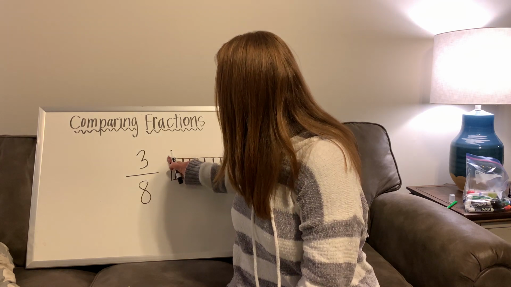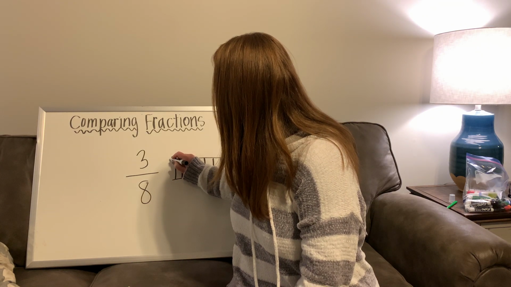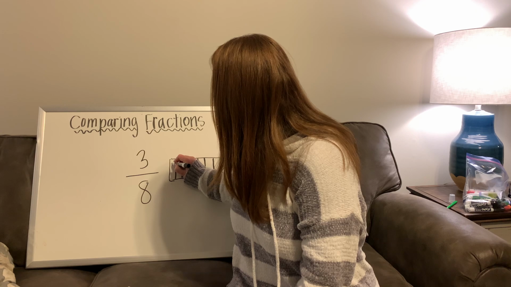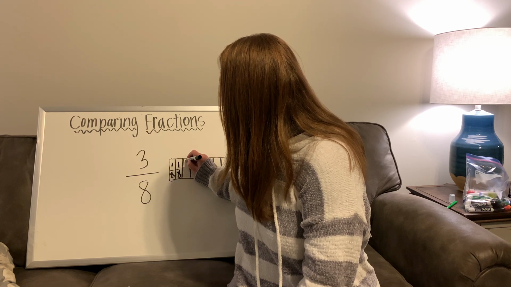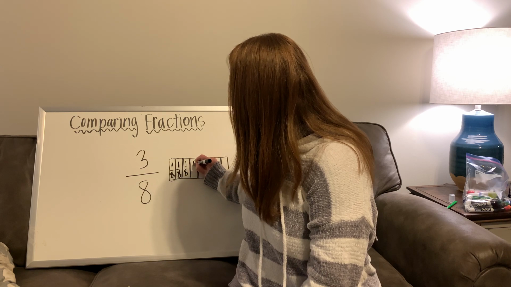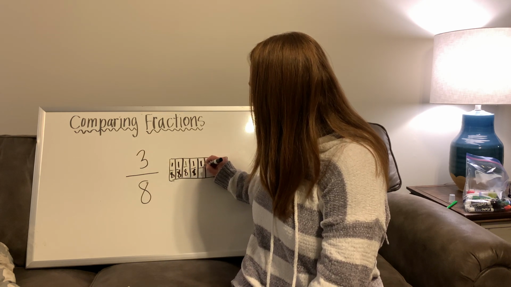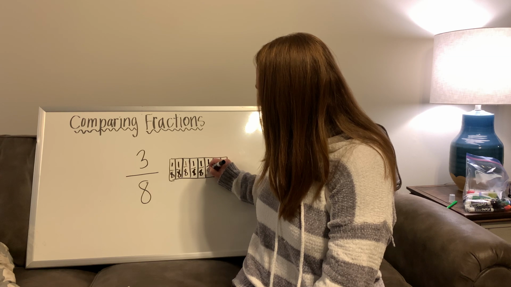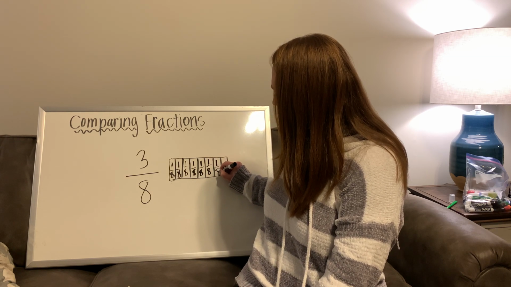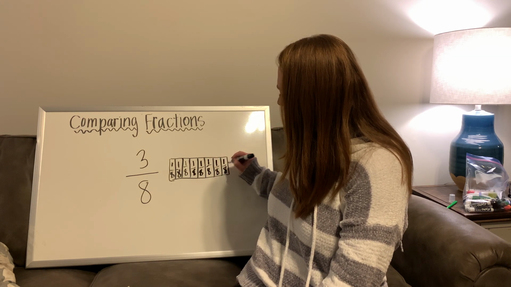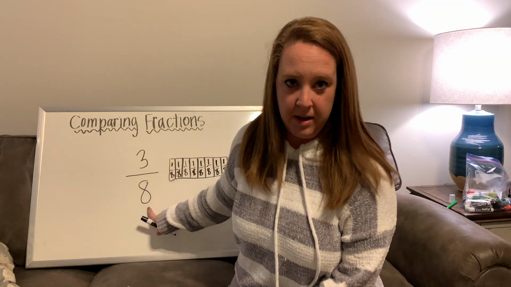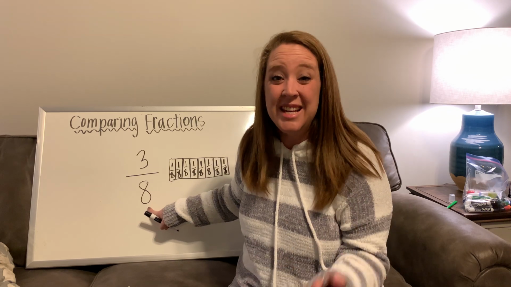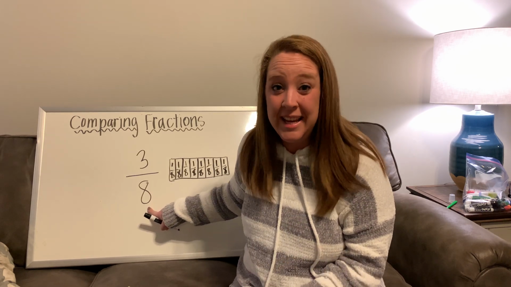Each piece is a 1/8 size piece. So I have one candy bar that I've partitioned into 8 equal parts because my denominator is 8, which tells me that each piece is a 1/8 piece.